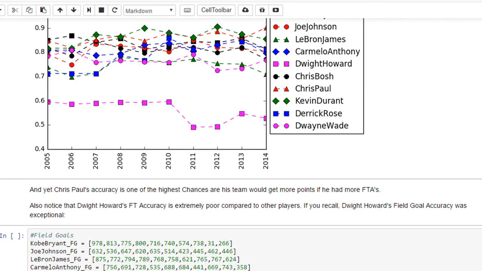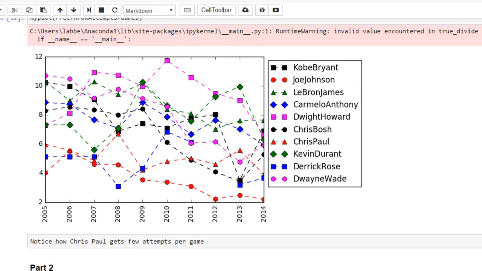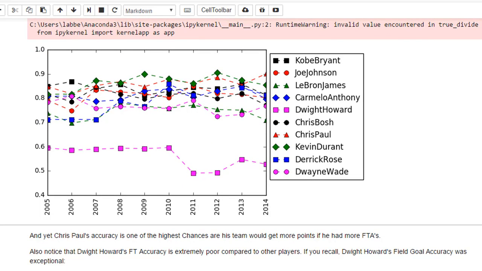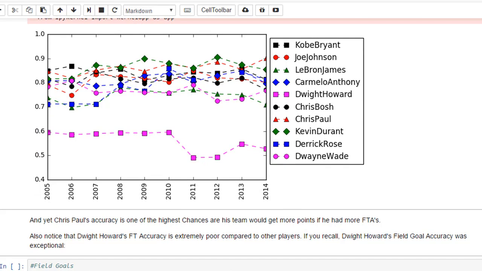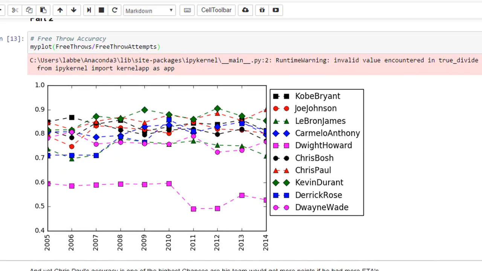One cause of this behavior might be that he has very high accuracy and very few shots on free throws. That could be explained by, I don't know, maybe because he was so good, the other players avoid fouling him, so he throws very few free throws.